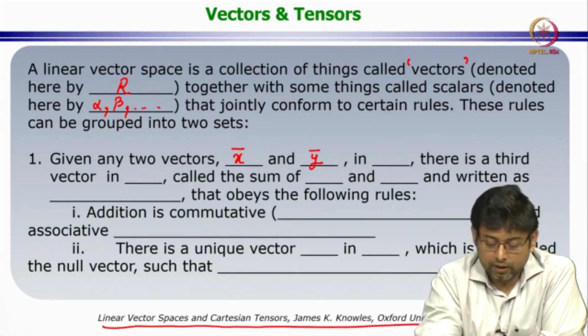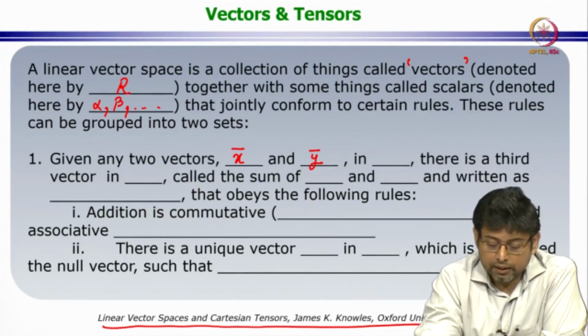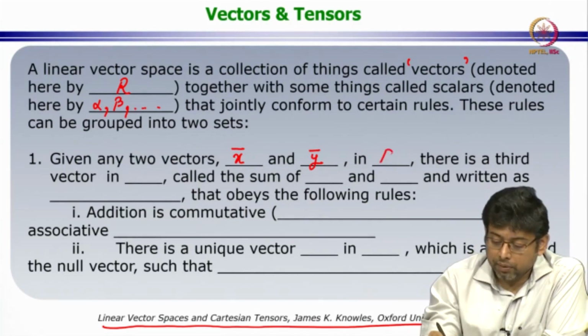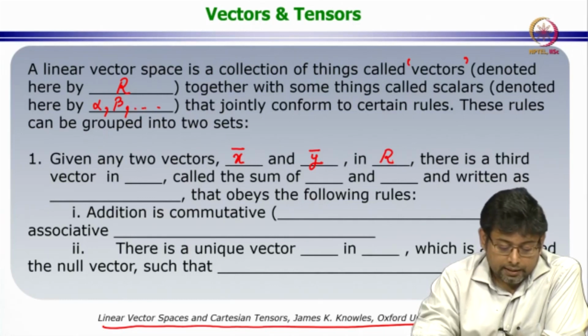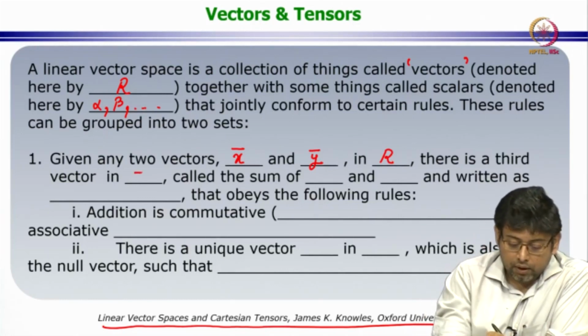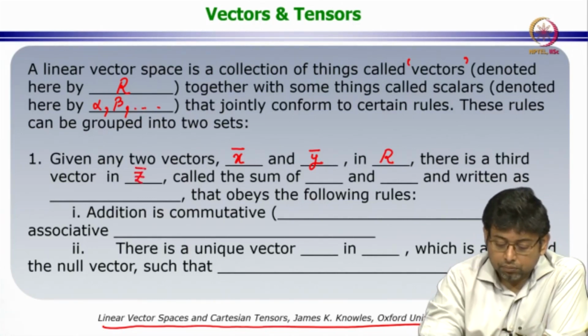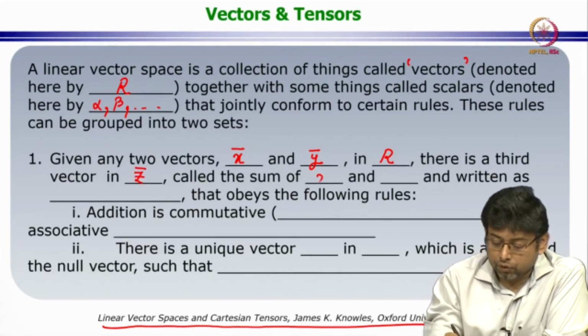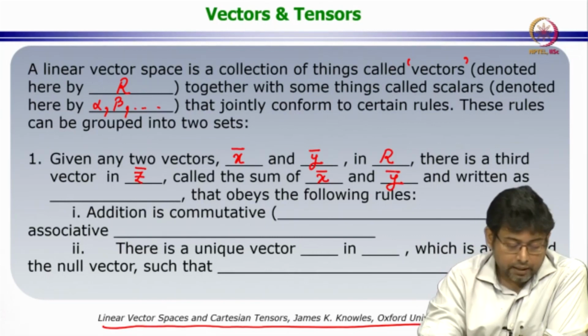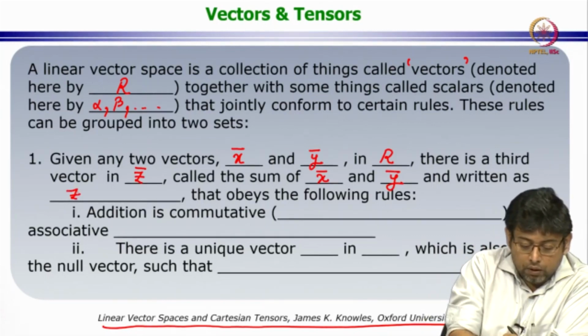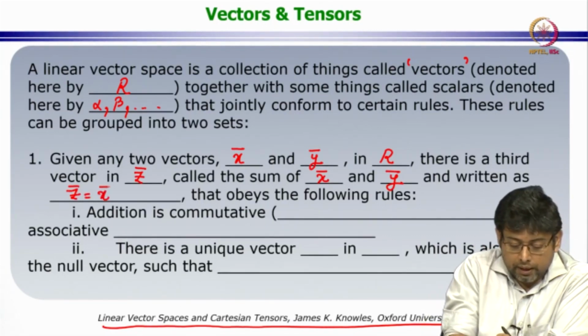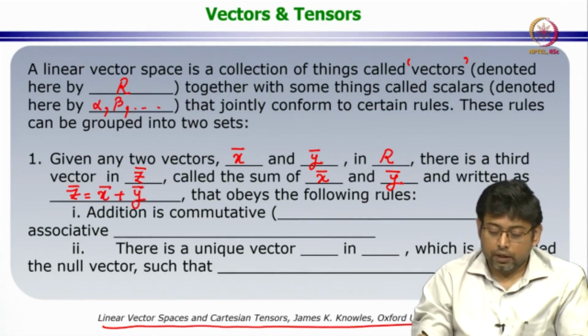Let us say there are any two vectors x and y in my vector space R. There is a third vector, which we will call z, the sum of the two vectors, written as z is equal to x plus y, that obeys the following rules.